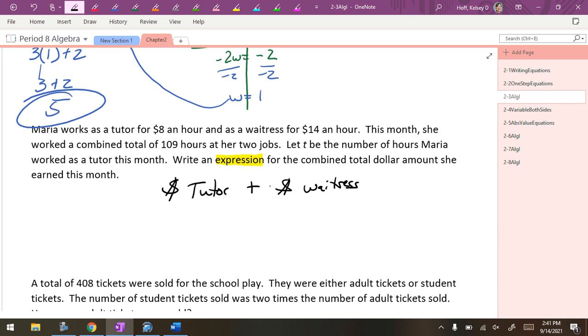If you know your hourly pay, we just take it times how many hours you work, right? She makes $8 an hour times every hour. So 8T. Either capital T or loop your T so it doesn't look like a plus sign. Plus, how do I figure out how much money she makes as a waitress?